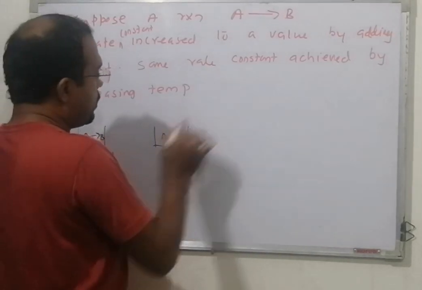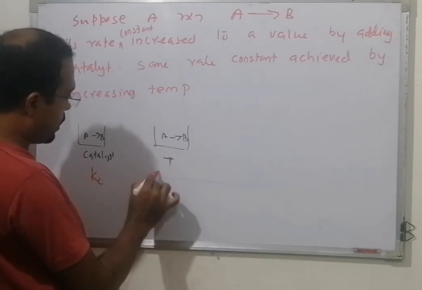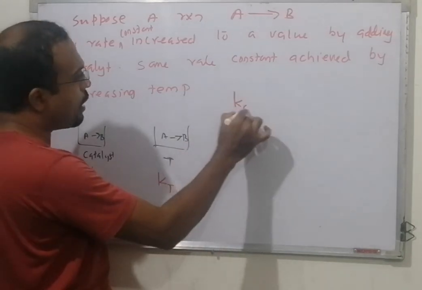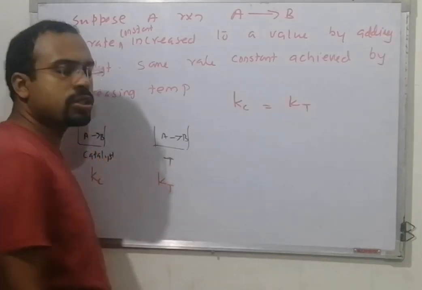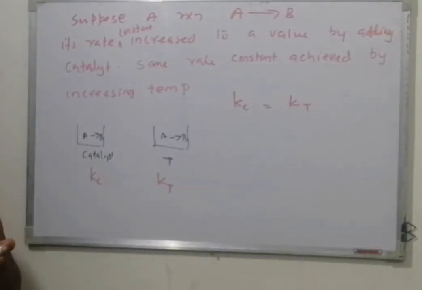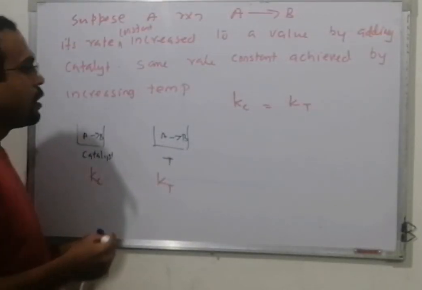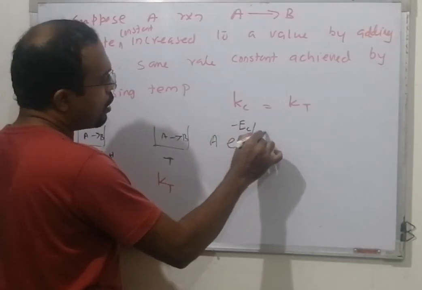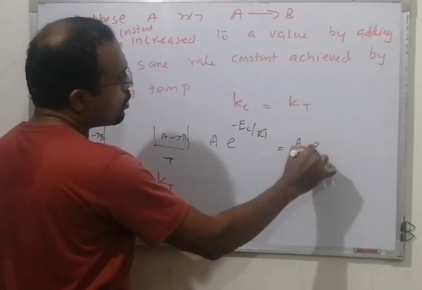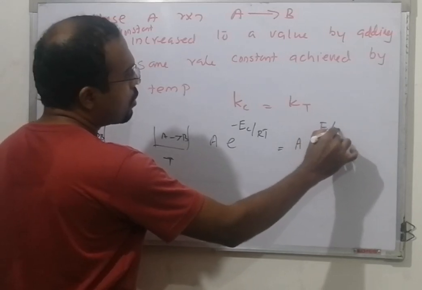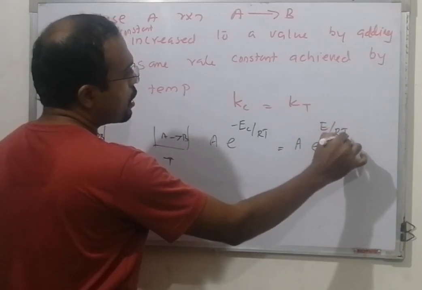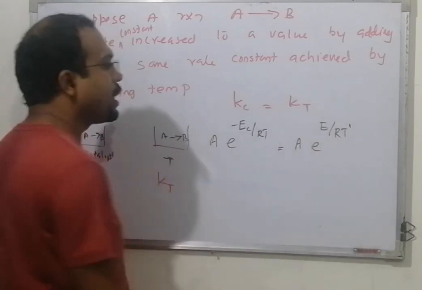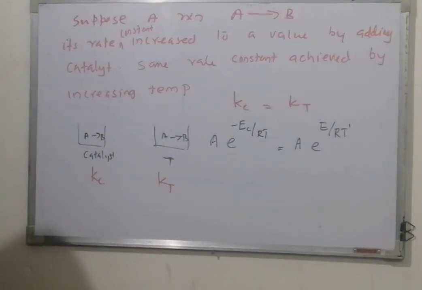Therefore, this is rate constant Kc, this is Kt. Therefore, Kc is equal to Kt. Rate constant with the catalyst is equal to rate constant with temperature. Therefore, A into e raised to minus EC by RT is equal to A into e raised to minus E by RT dash, a different temperature.